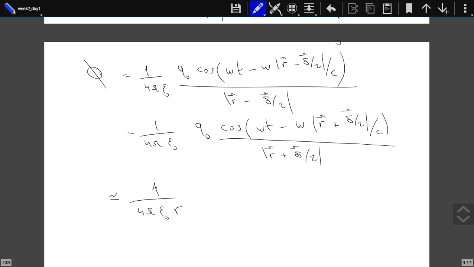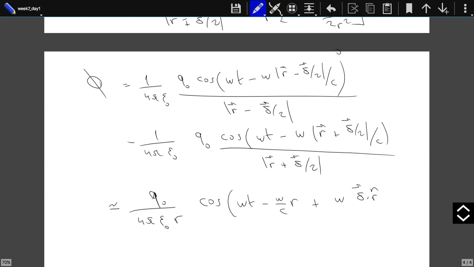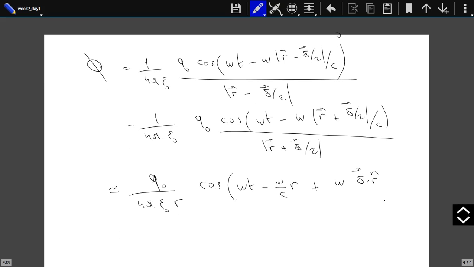And then I have q0 times cosine of (omega t minus omega over c R plus omega delta dot R hat over c).